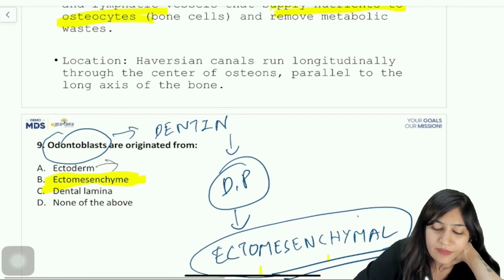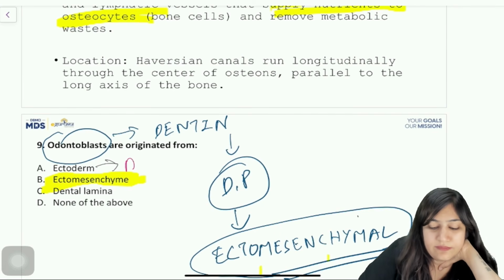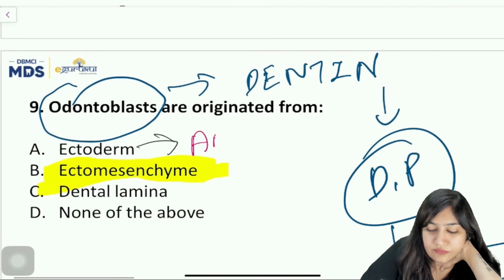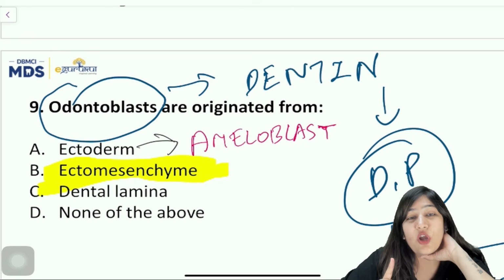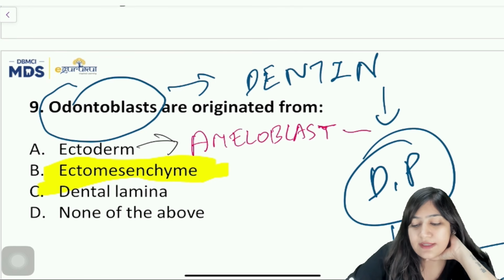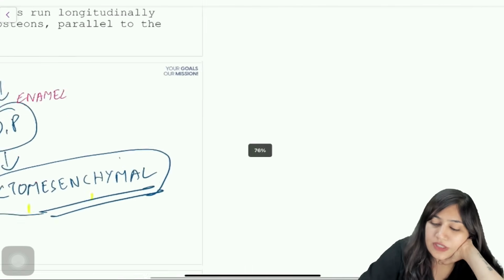Ectoderm is involved in the formation of ameloblast cells, as enamel is the only hard tissue which is formed from ectoderm. So ameloblast cells are involved in the formation of enamel. So don't get confused here.